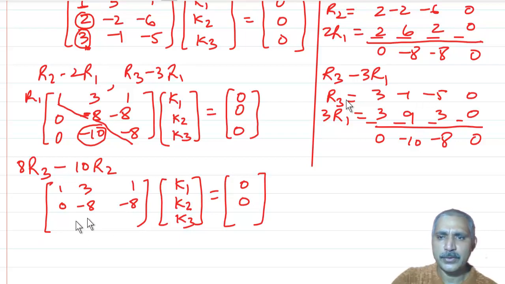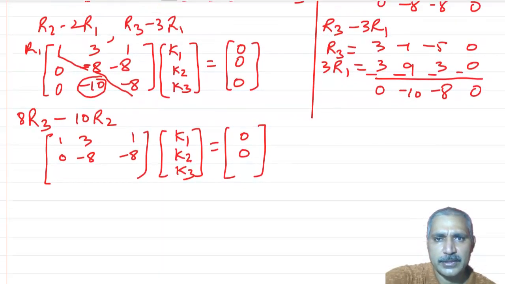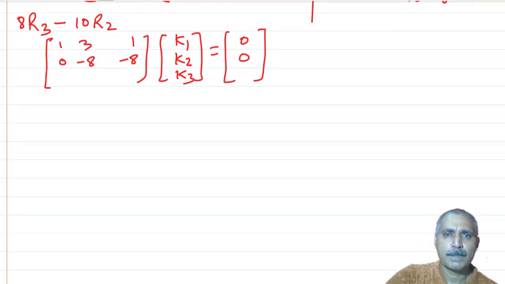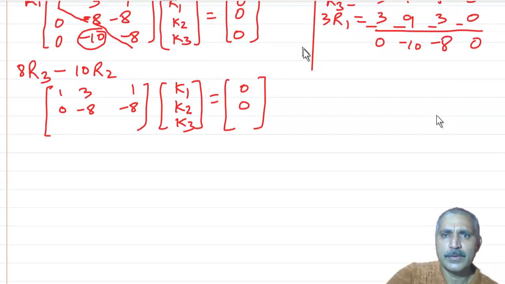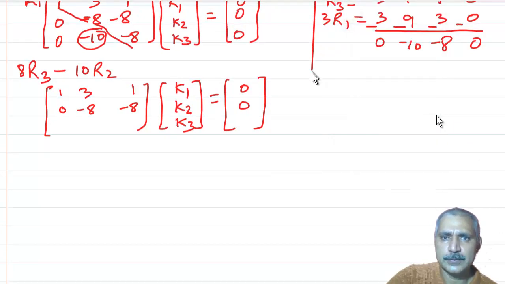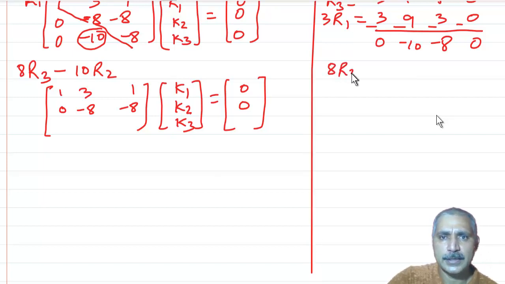Now we will be doing the operation here and we will write that. Let us create some space for that rough work. Now we have the operation 8R3 minus 10R2.